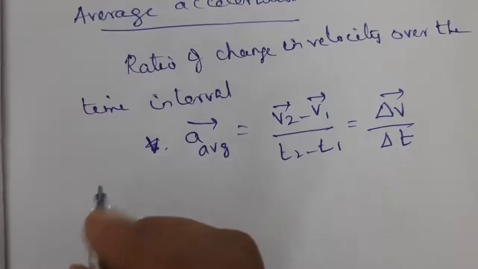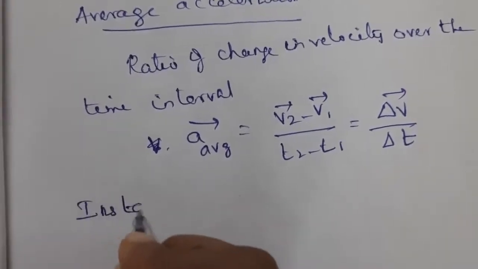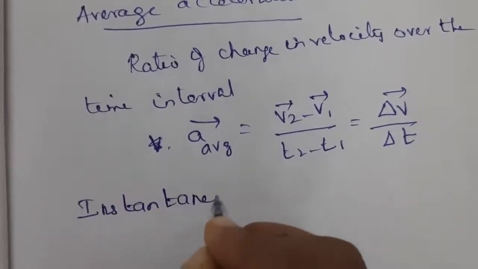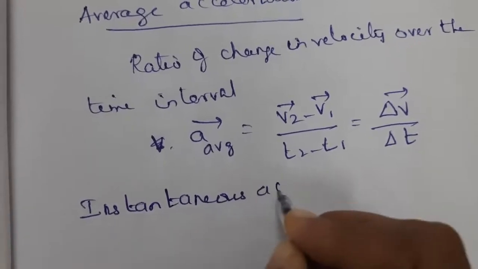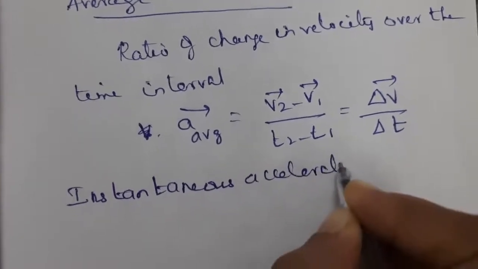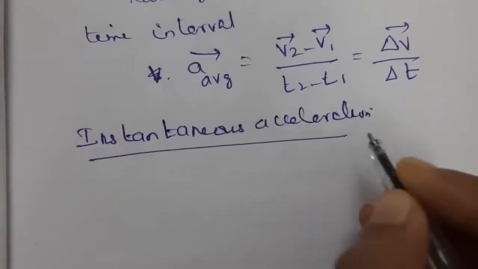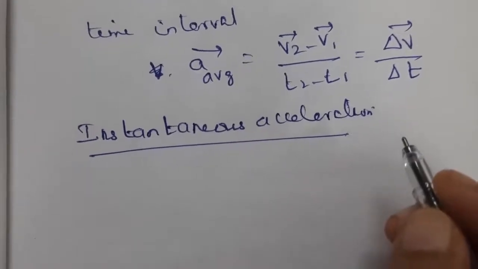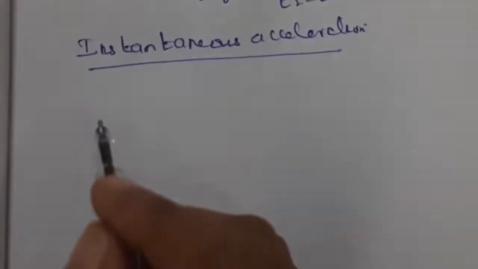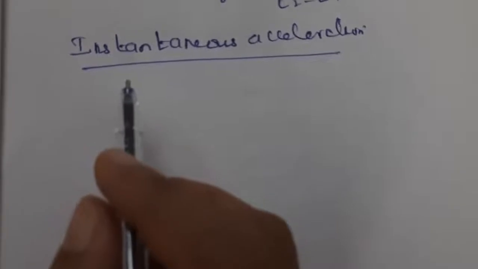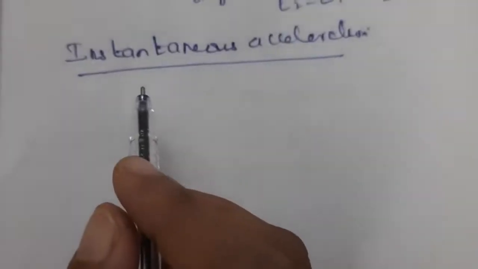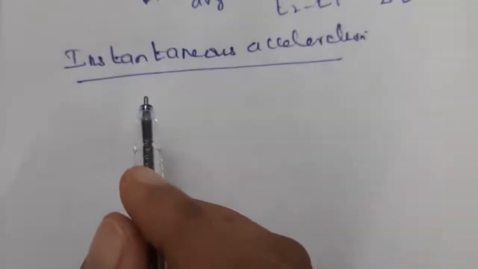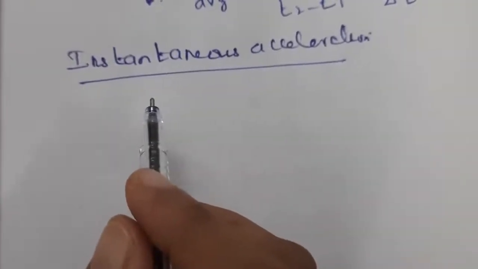Similarly, instantaneous acceleration. What is instantaneous acceleration? Instantaneous acceleration, or simply the acceleration of a particle at a time t, is given by the ratio of change in velocity over delta t as delta t approaches 0.